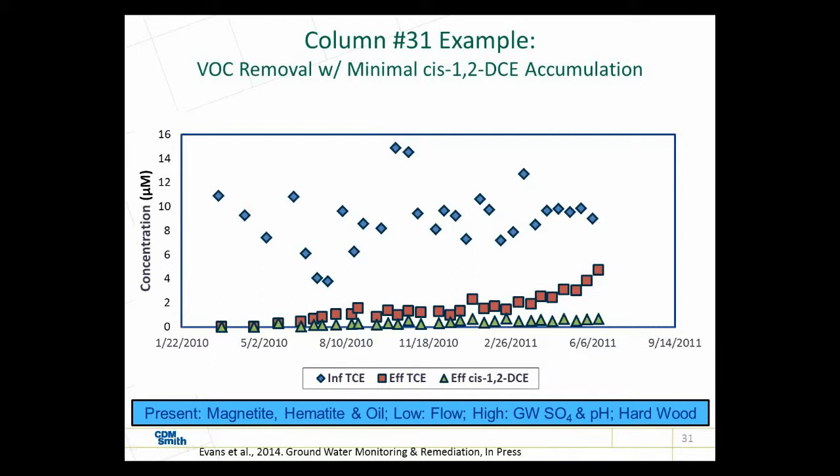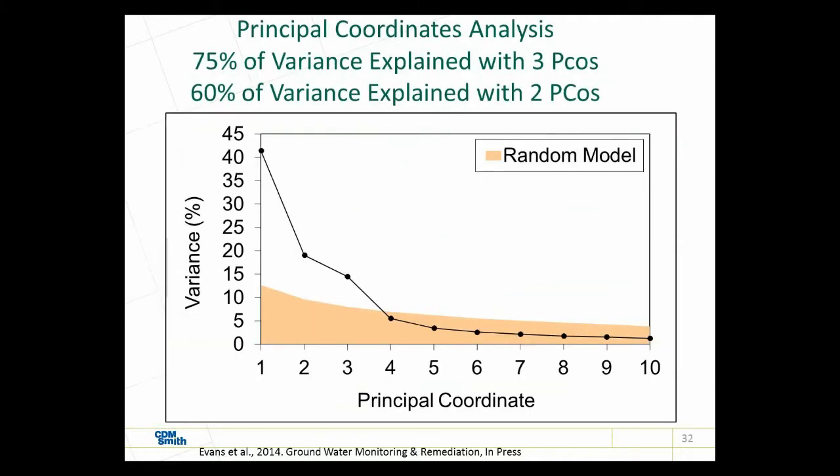Well, we had more than 2 columns, and I'm not going to show you 48 columns worth of data. We had to use some statistical analysis to figure out what's going on here. We used a technique called principal coordinates analysis.